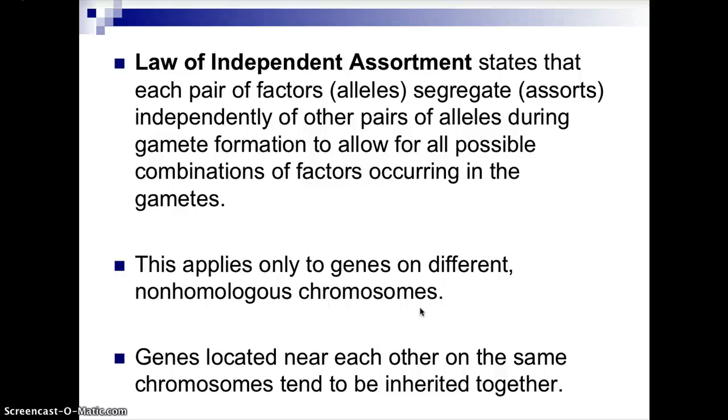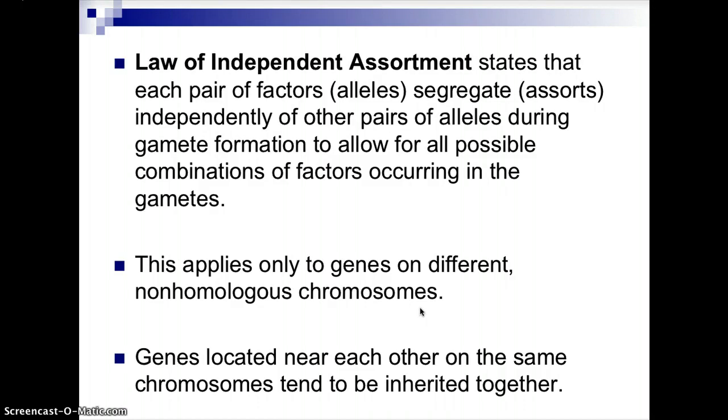So basically what it's ruling out is, if you think of the 46 chromosomes and the non-homologous pairs, it states that if the dominant allele of one homologous pair goes to one gamete, that doesn't necessarily mean that on another non-homologous chromosome pair, the dominant alleles are also going to follow the dominant alleles of the other homologous chromosome.